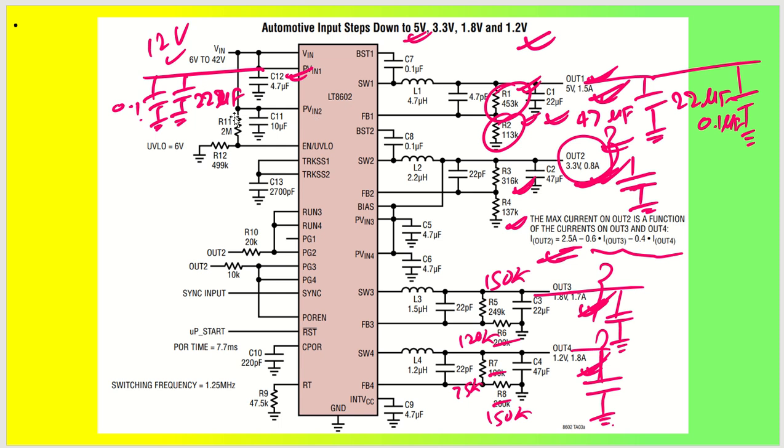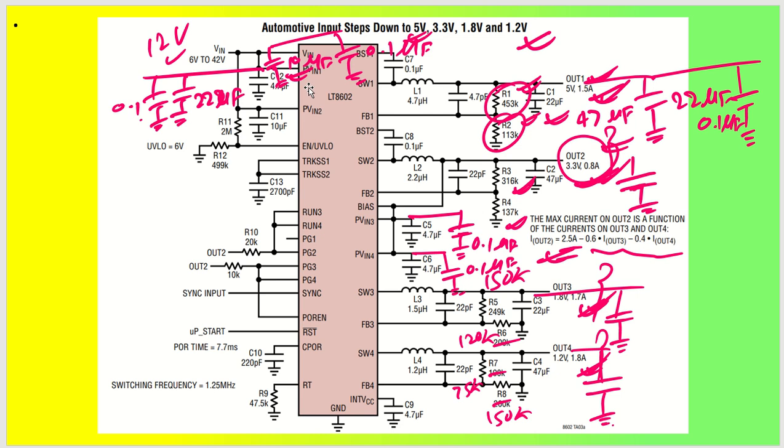Coming back to PVin 3 and PVin 4, you keep a 0.1 microfarad capacitor very close to each other, very close to the PVin pins. Coming back to the Vin pin, separately you keep a 10 microfarad capacitor plus a 0.1 microfarad capacitor.